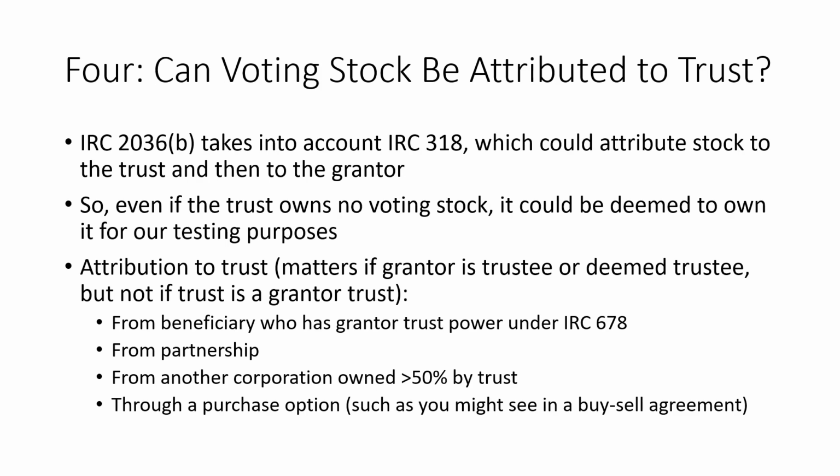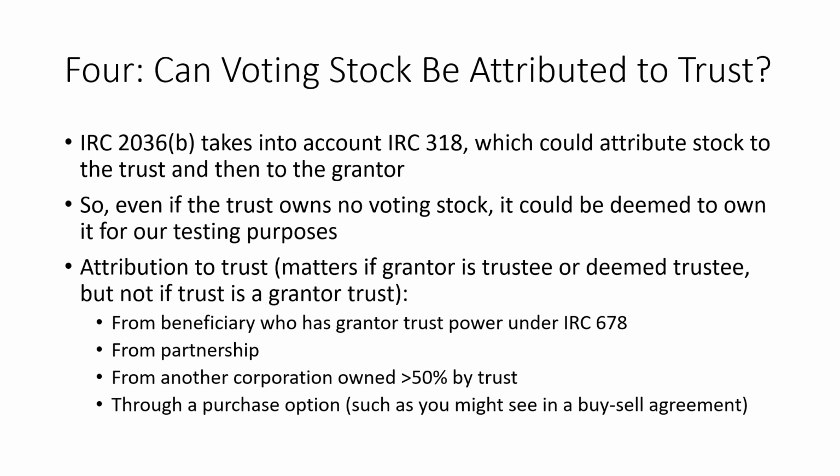Now, you also have to look at whether voting stock could be attributed to the trust, and even though attribution under Code Section 318 to an entity is only one way, you can't reattribute it back out to other stakeholders, this could be an issue if the trust is a grantor trust, or if the grantor is a trustee or a deemed trustee.